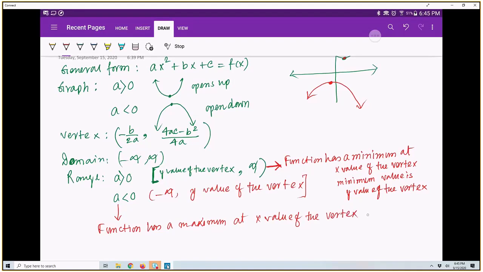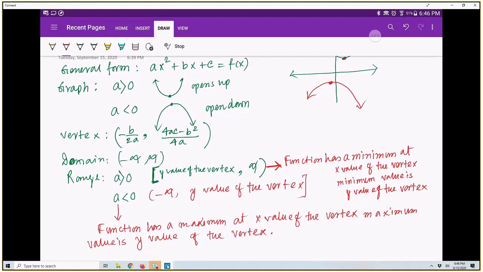And the maximum value is, just like the minimum situation, the y value of the vertex. And this information is going to help us model real life situations by a parabola and talk about a lot of the features of the problem.